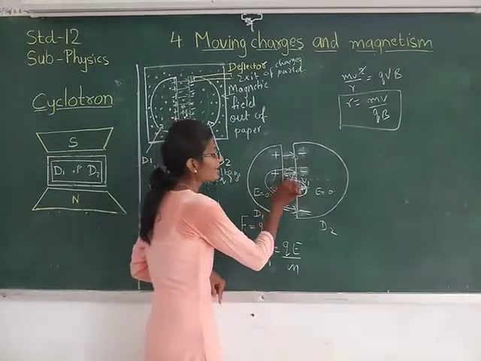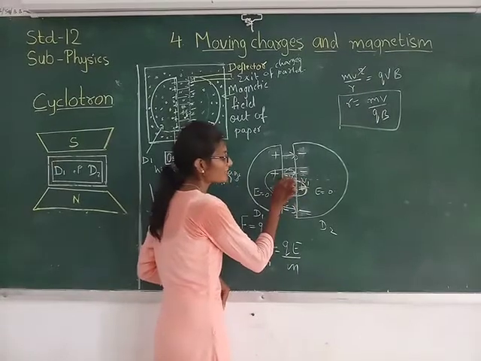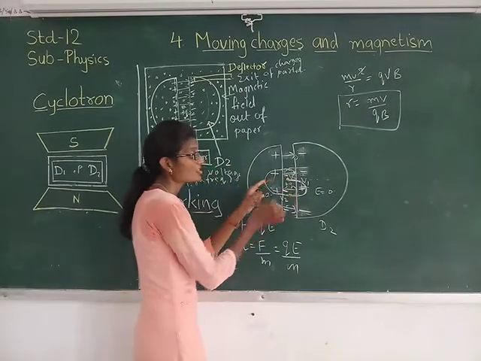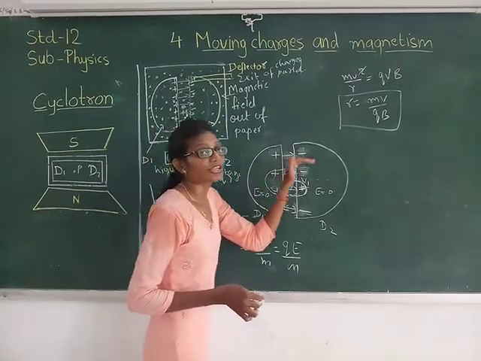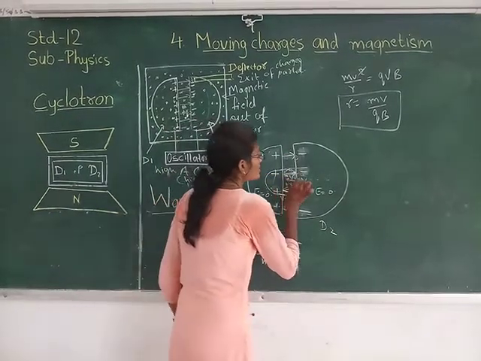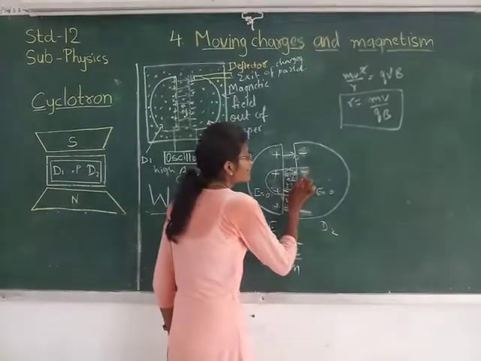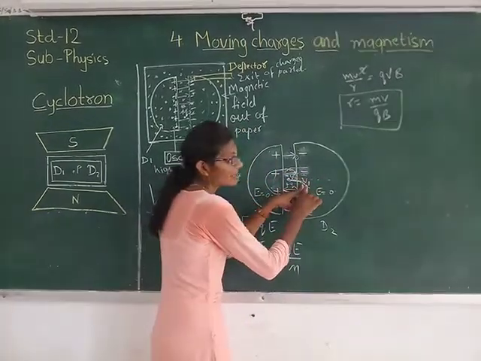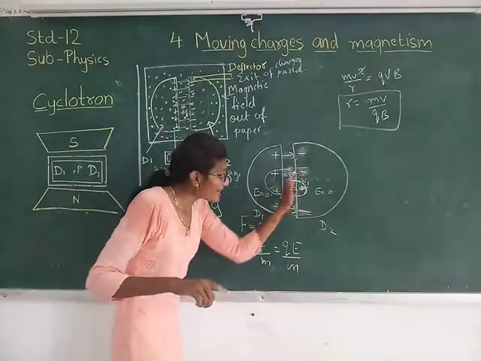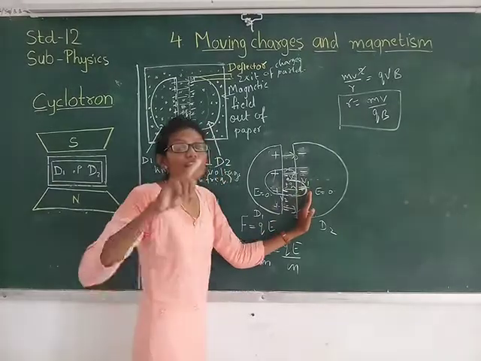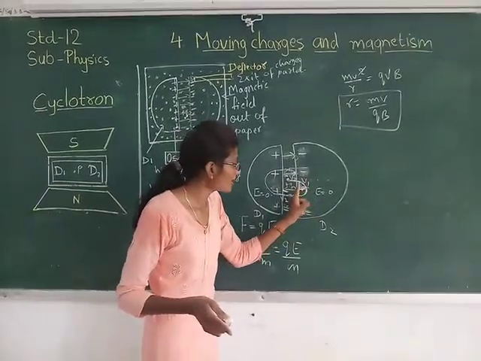So every time the velocity increases, as I have already said, when the charge moves, it gets accelerated. Accelerated means the velocity increases. So when the velocity increases from v0 to v1, when it enters into this D1, the electric field will be 0. So inside the D, the velocity is now constant, that is, it is moving with v1, right?